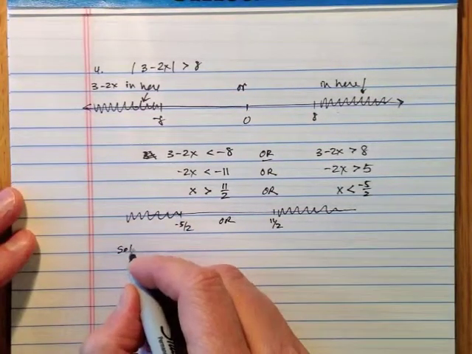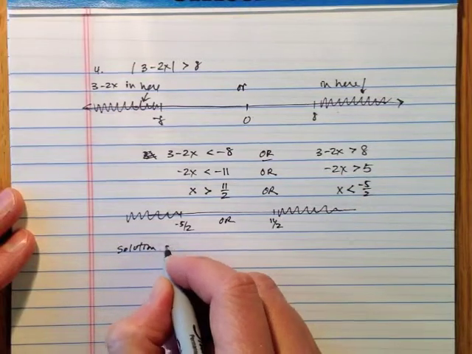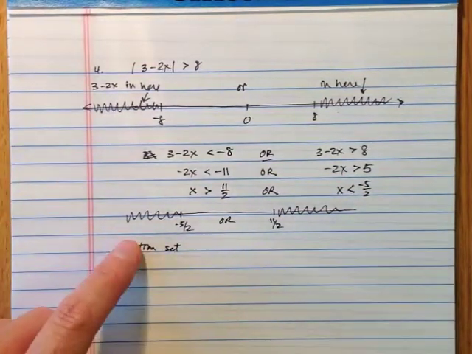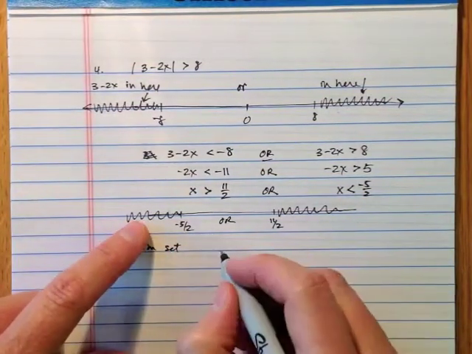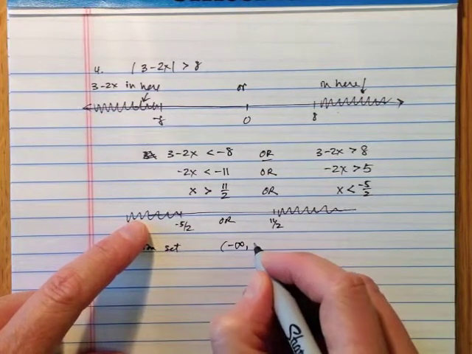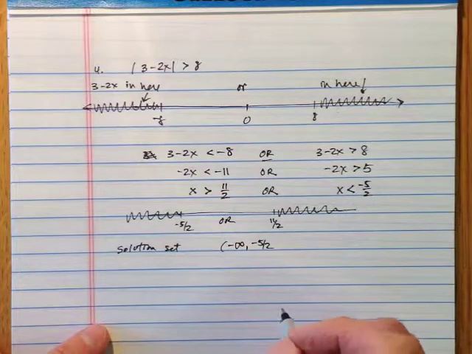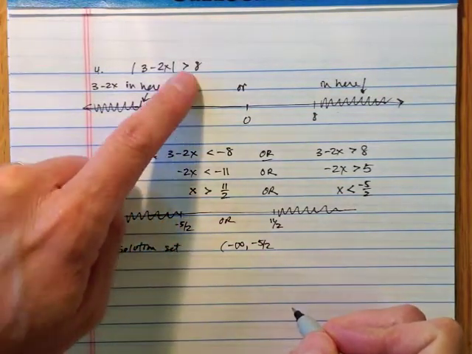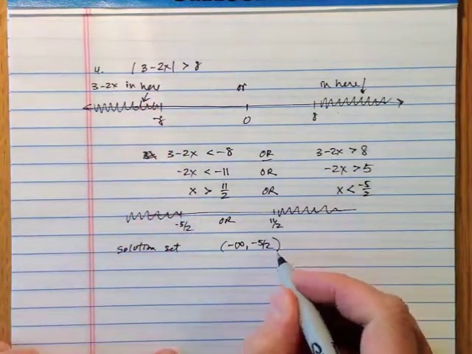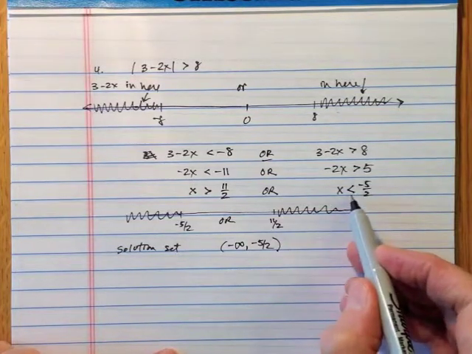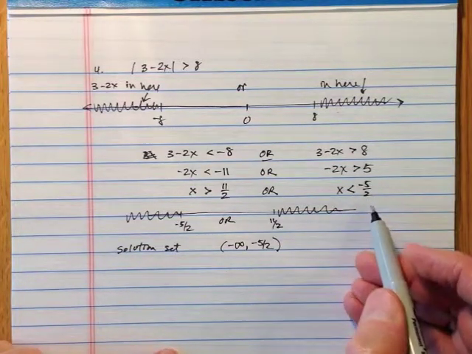So the solution set is, well, it's two intervals. This interval is from -infinity to -5/2, and I include a parenthesis because I'm not including the endpoints. This is x strictly less than -5/2.